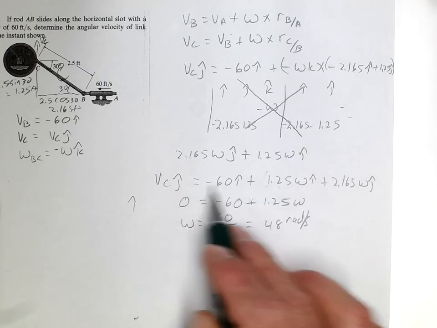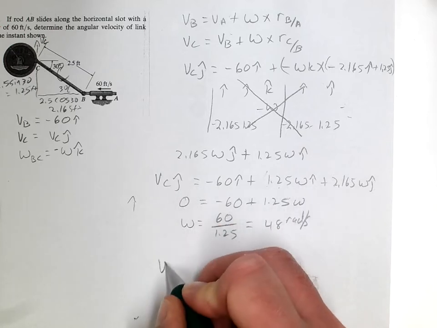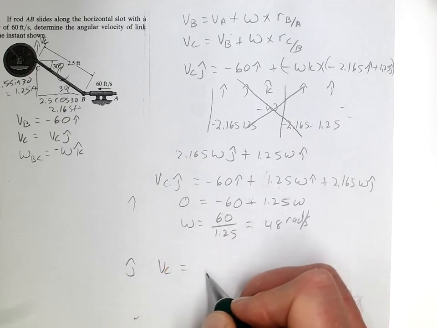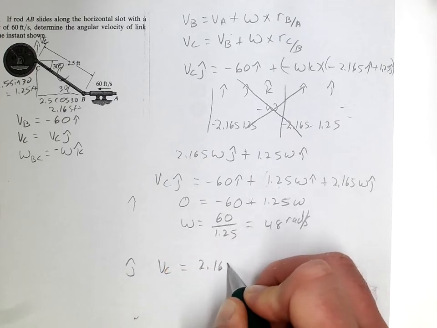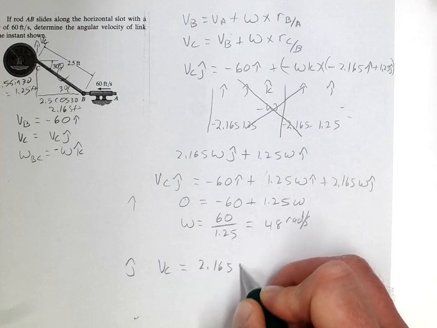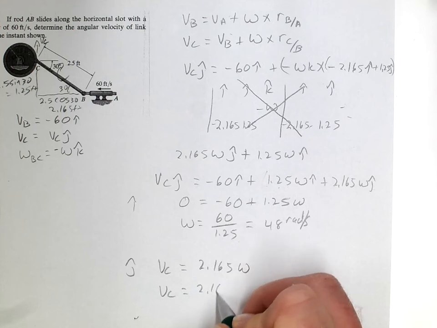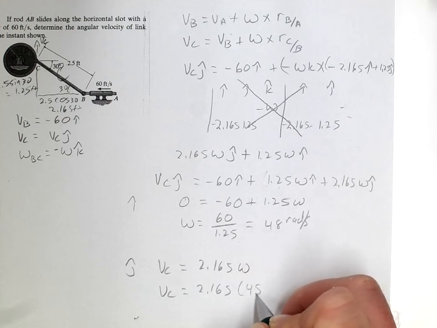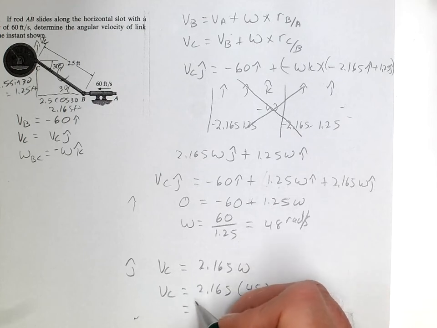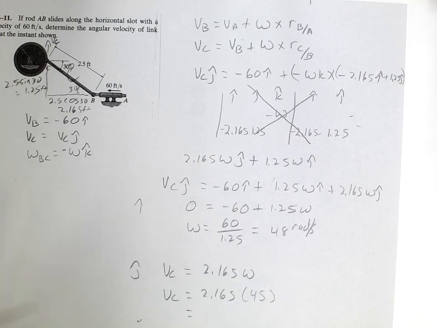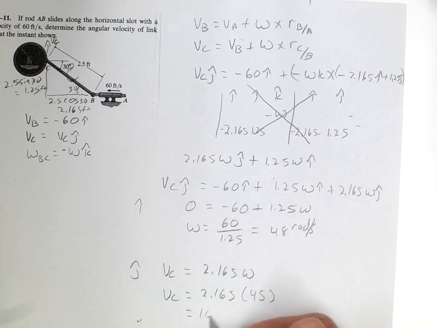Now pulling the second equation, the J part, VC is equal to 2.165 omega. So VC is equal to 2.165 times 48, which is equal to 104 feet per second.